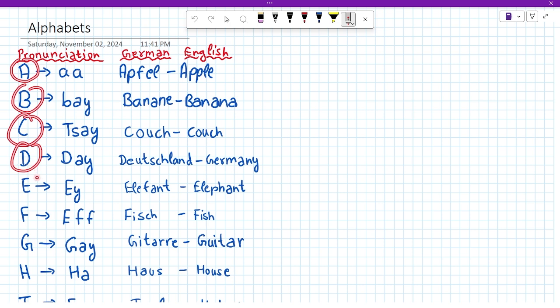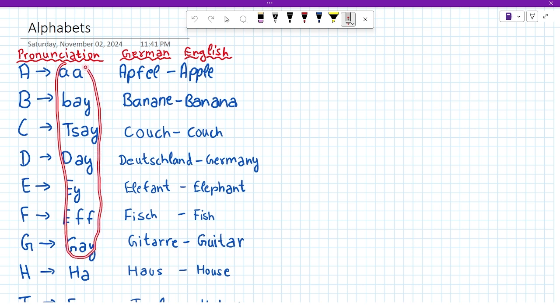But if someone tells you to speak the alphabet from A to Z, we don't say A, B, C, but rather we follow this. So if we want to say A in German, it's pronounced as A, and B is called Be.